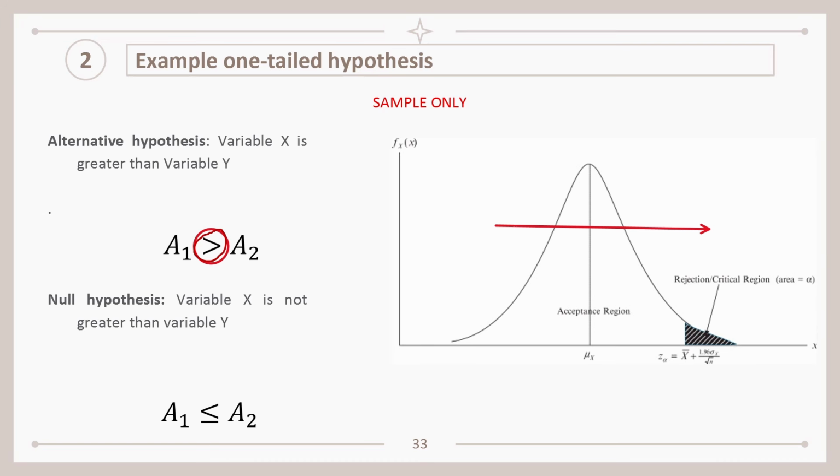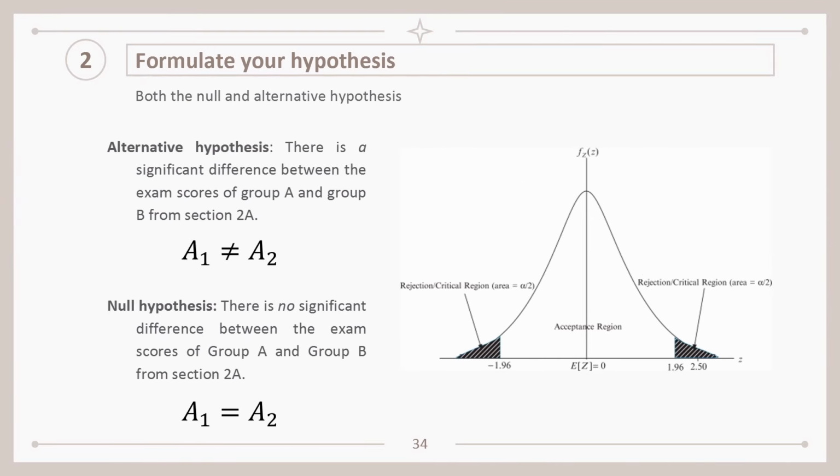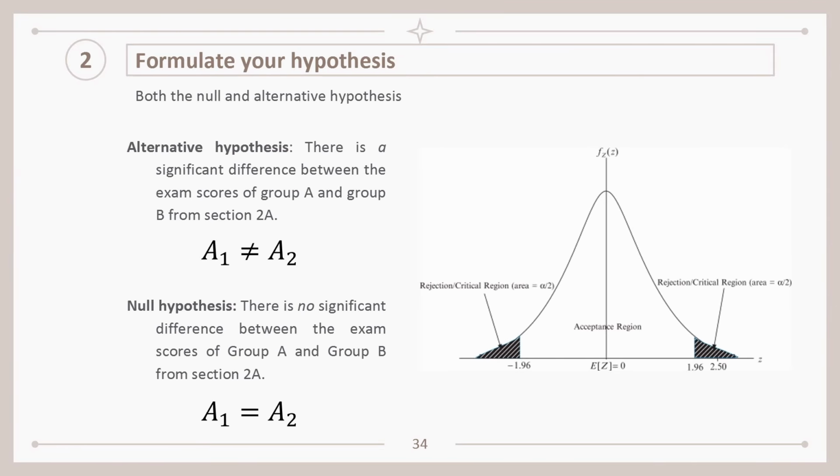All right. So let's go back to our two-tailed hypothesis. Just so you know, your two-tailed hypothesis is also referred to as a non-directional hypothesis because there is no direction. So, whether your computed test statistic is negative or positive, you would get your area of rejection.